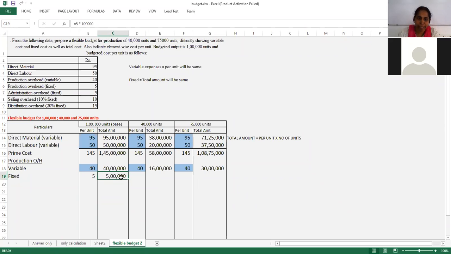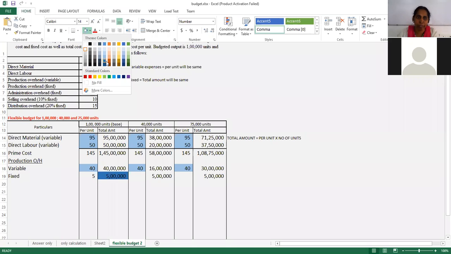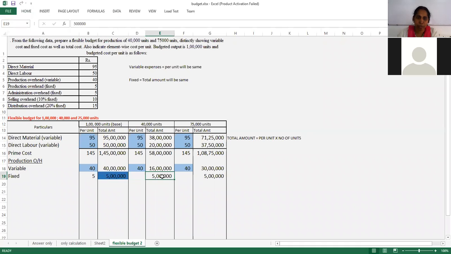This will be the same, so I am taking the 5 lakhs and writing it in the total amount column as the same. So here also the total amount column will be the same. If it is fixed, then the total amount column will be the same. So for your purpose, I'm coloring that as the same.